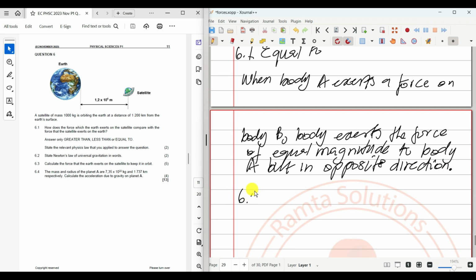6.2. State Newton's law of universal gravitation in words.